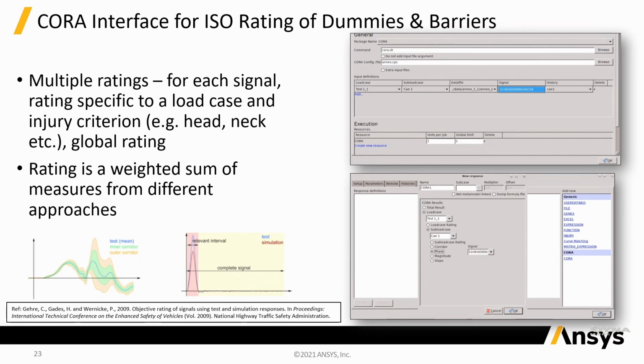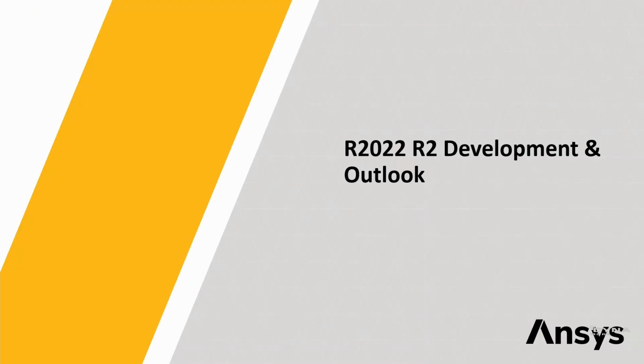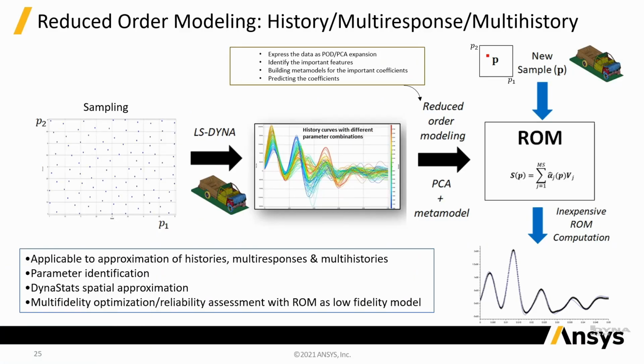Right. Moving ahead, I'll be talking about some of the developments, some of which are already underway at quite an advanced stage, for the future versions starting 2022 R2 and beyond. One of the things that we are working on is reduced order modeling.